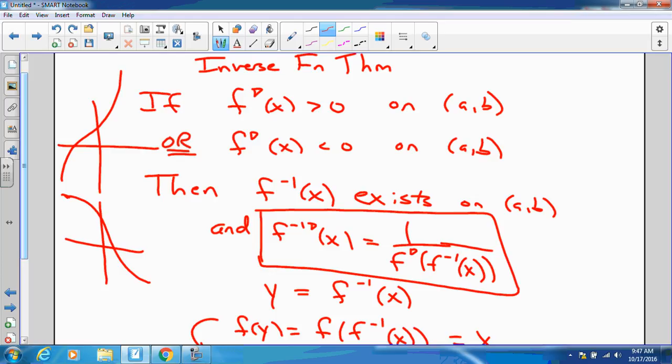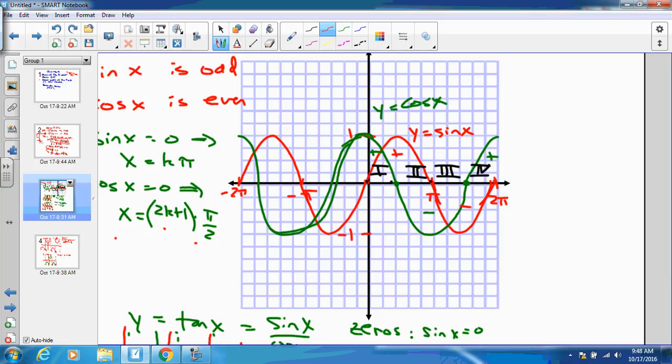So, what this means is that if I want an inverse sine, I need to first find a domain for which the derivative of sine is always positive or always negative. Does that make sense?